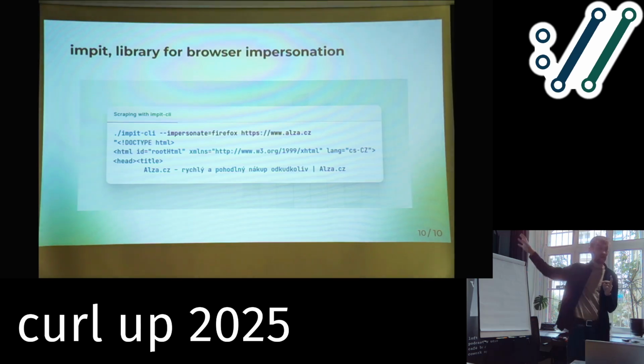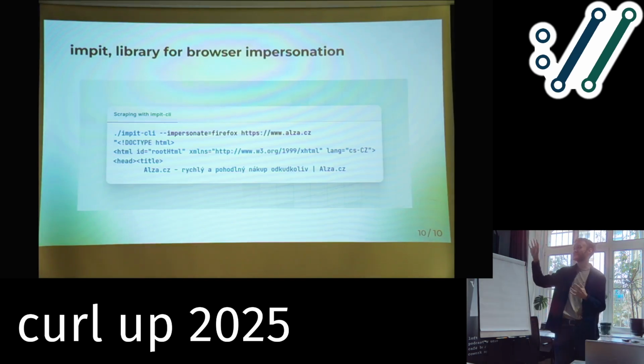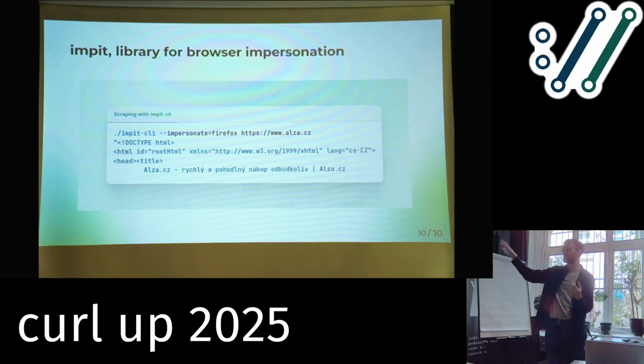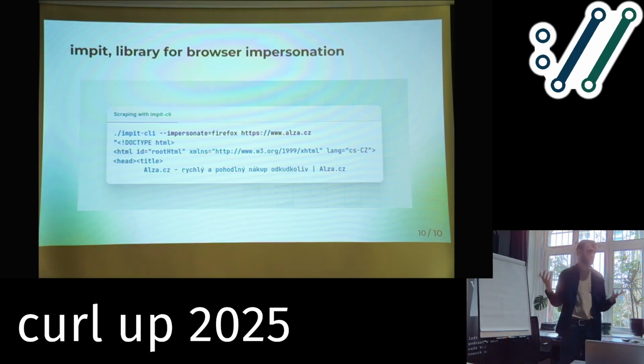So I ran this curl clone with the same example we did in the beginning. I just passed an option called impersonate, told it to impersonate Firefox, and as you can see, the title is no longer "wait a minute" or "just a moment". It actually got us the actual content of the page.